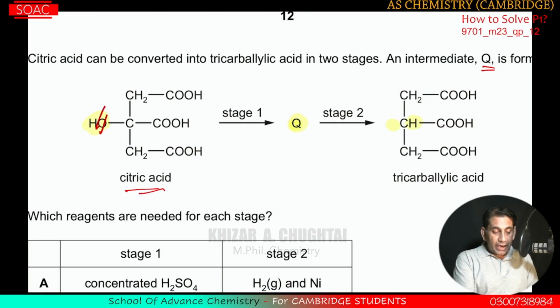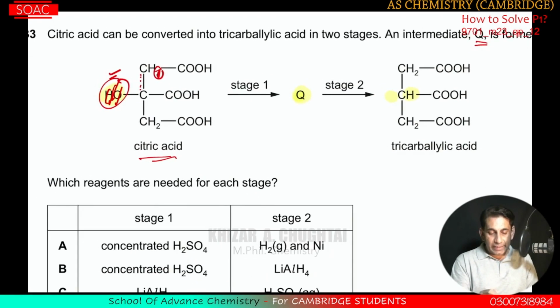So by dehydration, we can remove hydrogen from one carbon or from either carbon, and OH from here. OH, H, OH, H. Any one of these carbons can lose one hydrogen and one OH, and there is the formation of a double bond.